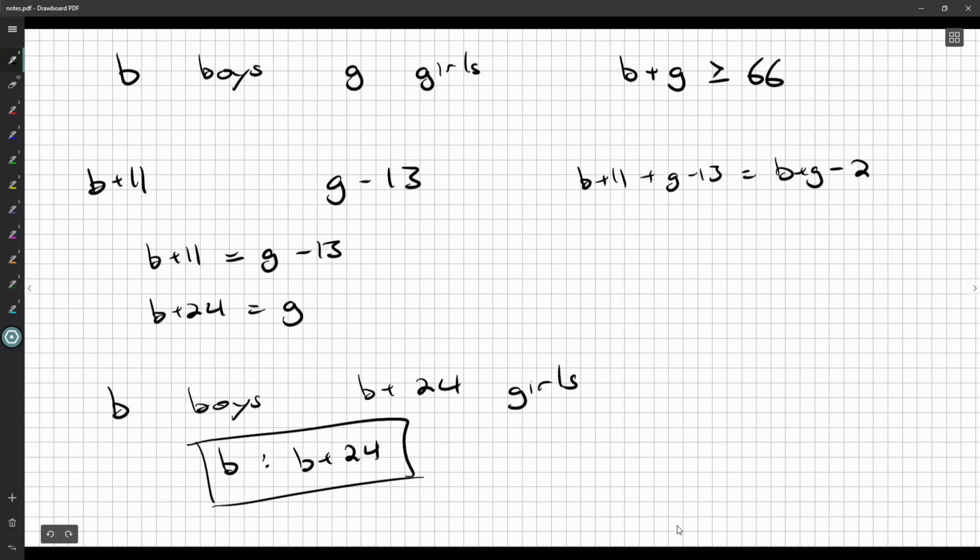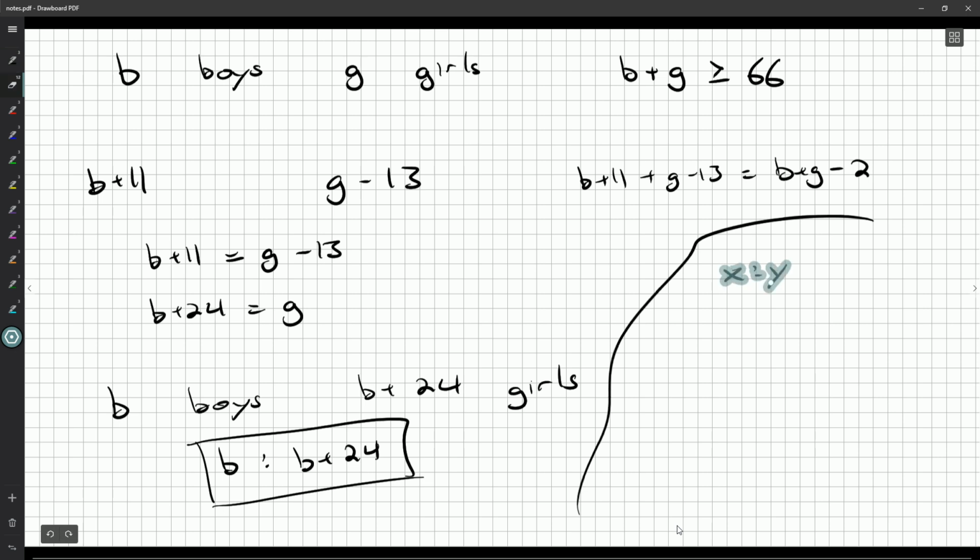And this works for any ratio. Just to separate things off for a moment, you've got a ratio of x to y. Let me phrase it a different way. If I've got some actual amounts, u and v, and I know u to v is the same ratio as x to y, then u over v is the same as x over y.